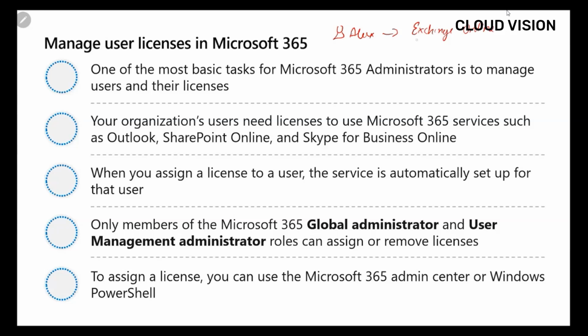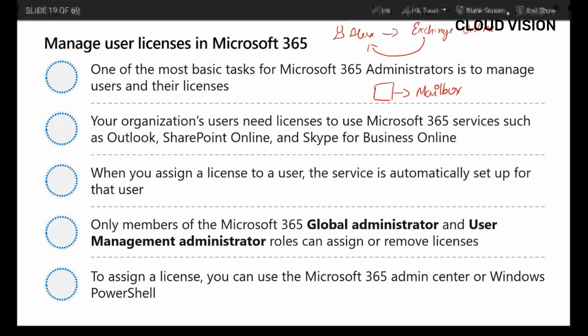Once I do that, this service will be available for Alex and a mailbox will be set up for him. And now Alex can start using all of the emailing services like sending emails, receiving emails, maybe using calendaring services, using contacts, and so on.